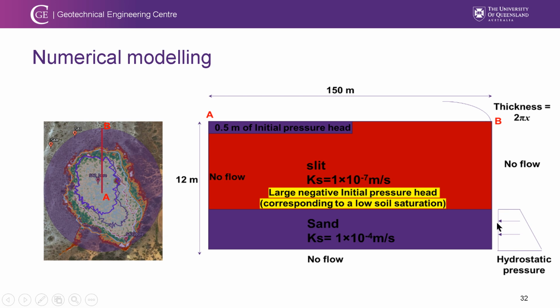In terms of the boundary settings, we know that there will be no flow at the bottom. There will also be no flow from the center because of what we call a hydrological divide. And from the boundary here, we know that there is no lateral flow, so no flow is applied to the clay layers. But we apply a hydrostatic pressure at the sandy aquifer.